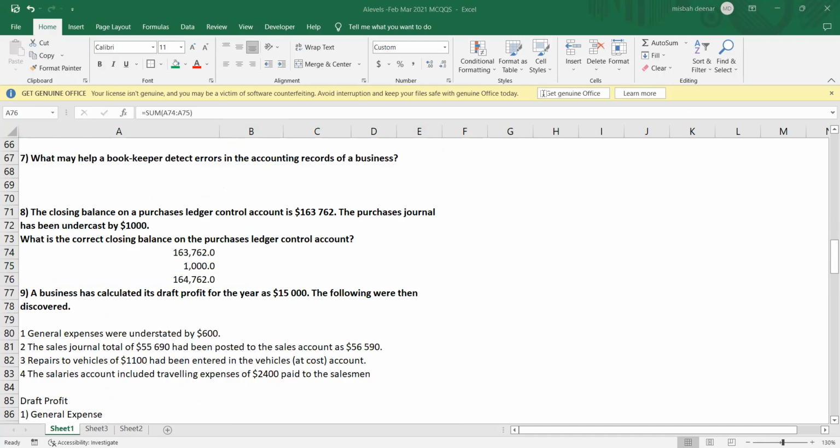Then moving on to the next question, question number 9. A business calculated a draft profit of 15,000. The following were discovered: 600 understatement, the sales journal posted as this, repairs entered into the cost account, and salaries included travel expenses paid to salesmen. What is the correct profit for the year?